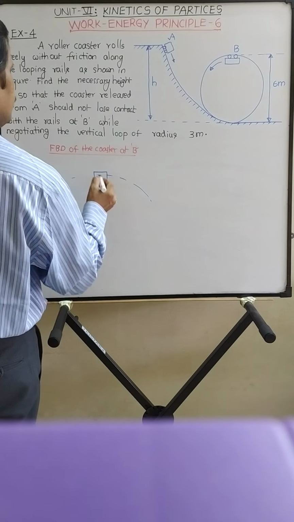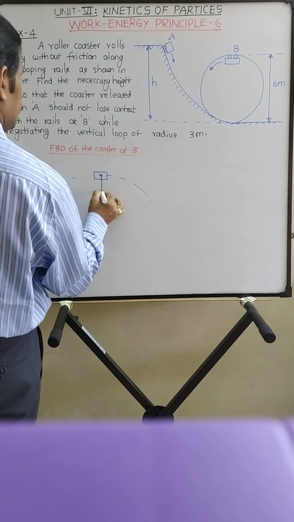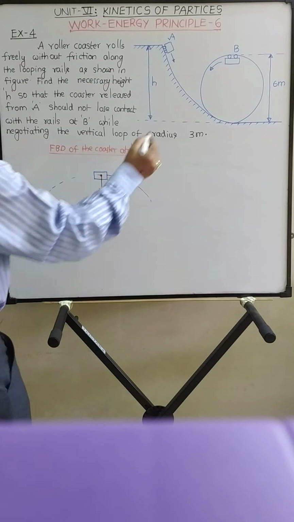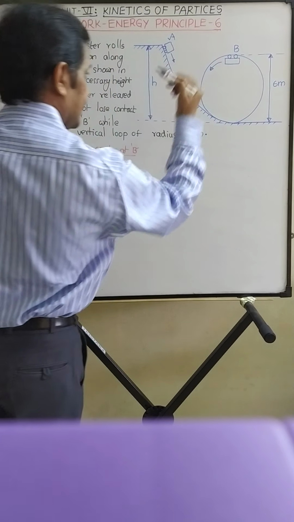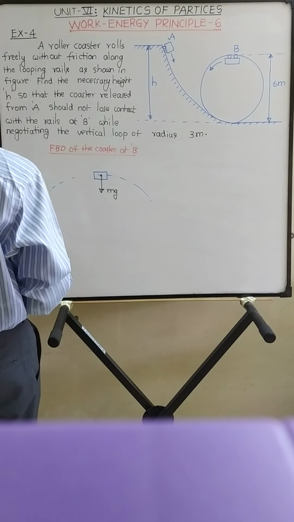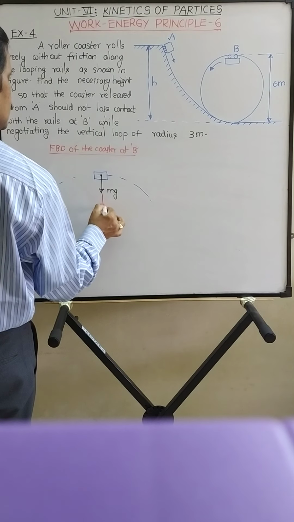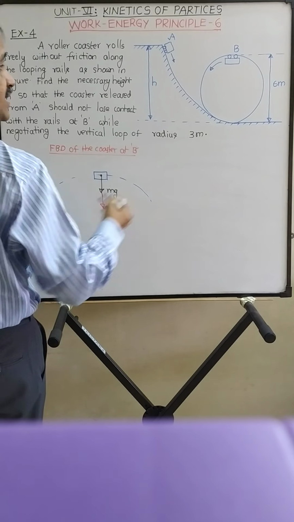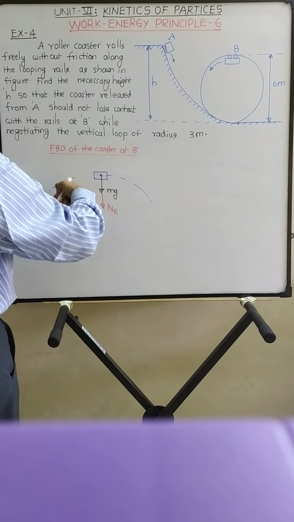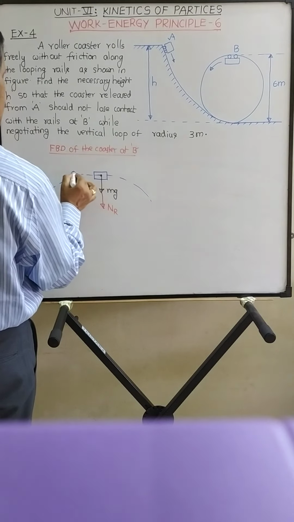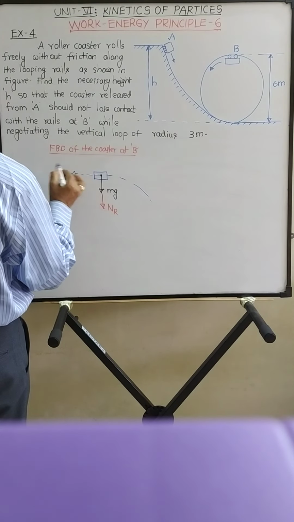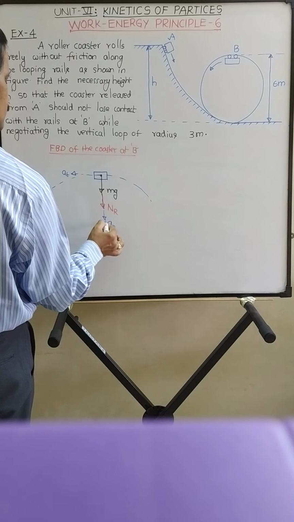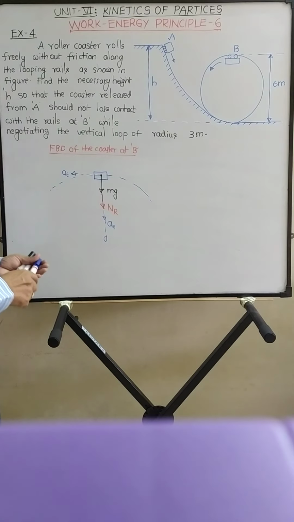You have weight of the coaster vertically downwards, mg, the normal reaction offered by the rails on the coaster, which is also downwards, say N_R, and it is moving in the vertical loop, so moving along the curved path. So it will have tangential component of acceleration a_t and normal component of acceleration a_n towards the center of curvature.